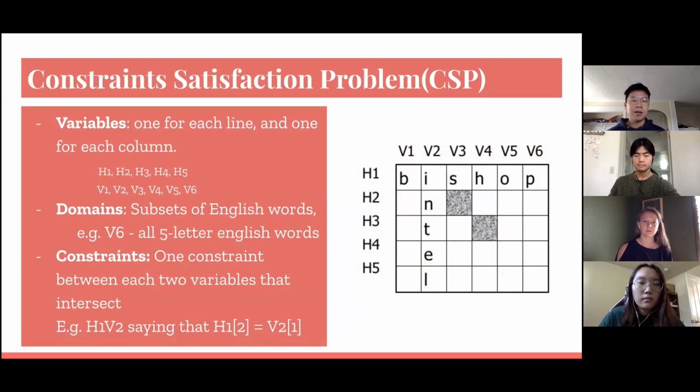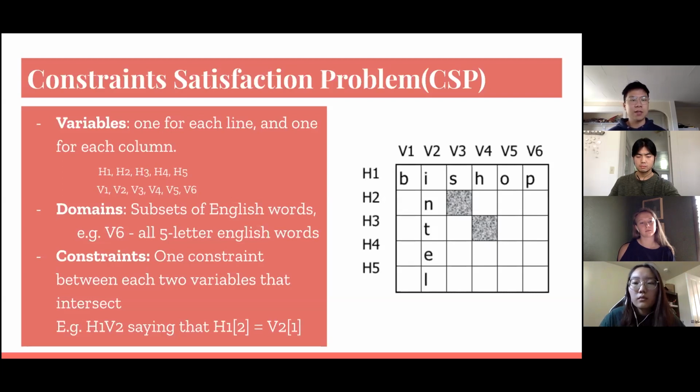The domain for each variable would be the English words that we're going to fill in. So for example, for H1, we are right now filling in the word shop, and for the vertical V6 column, the domain for that variable is all 5-letter English words.